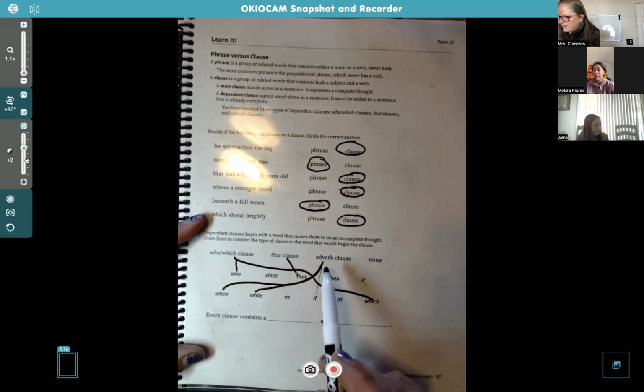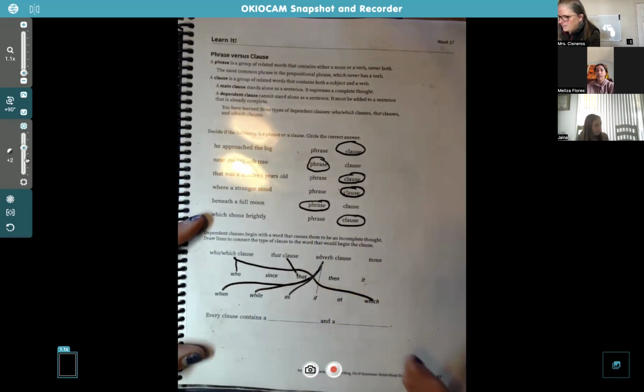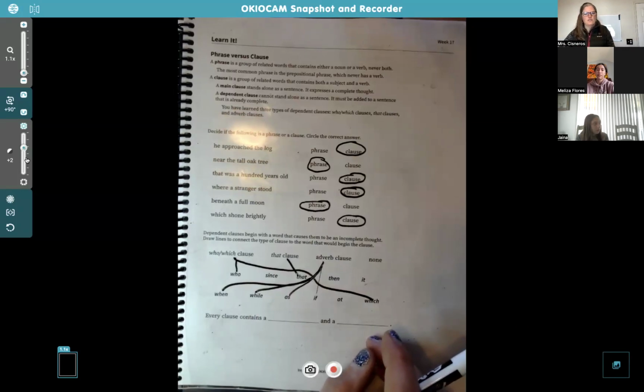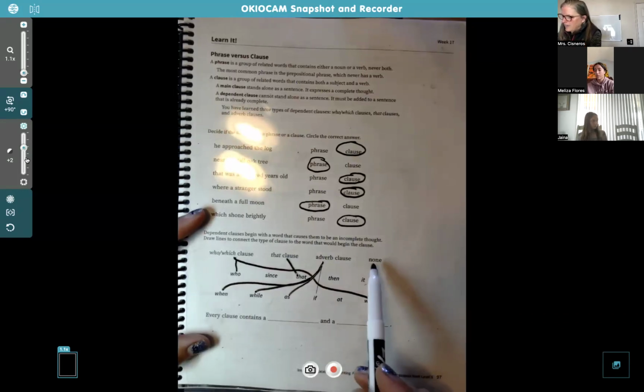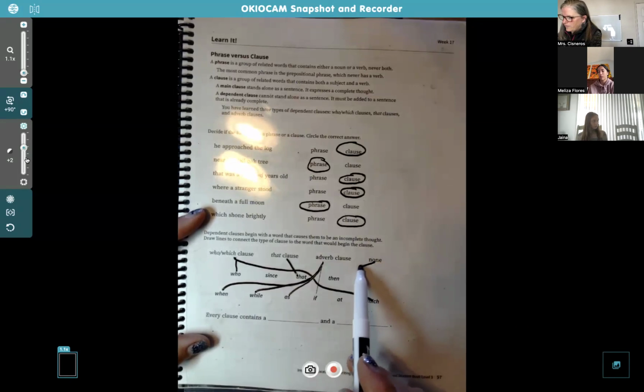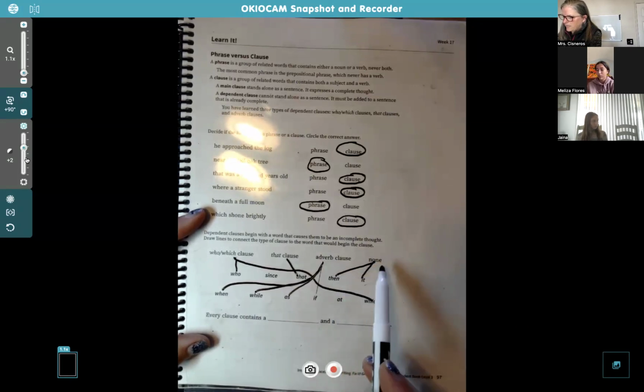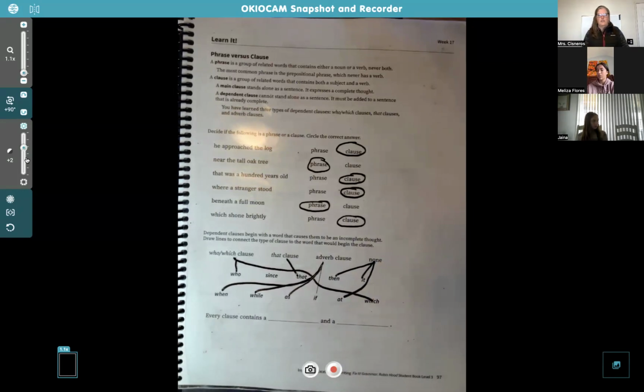And as. Good. They don't have all of them in here, but they have those. And then none of the clauses begin with then, none of them begin with it, and none of them begin with at. So we're going to connect those last three there.